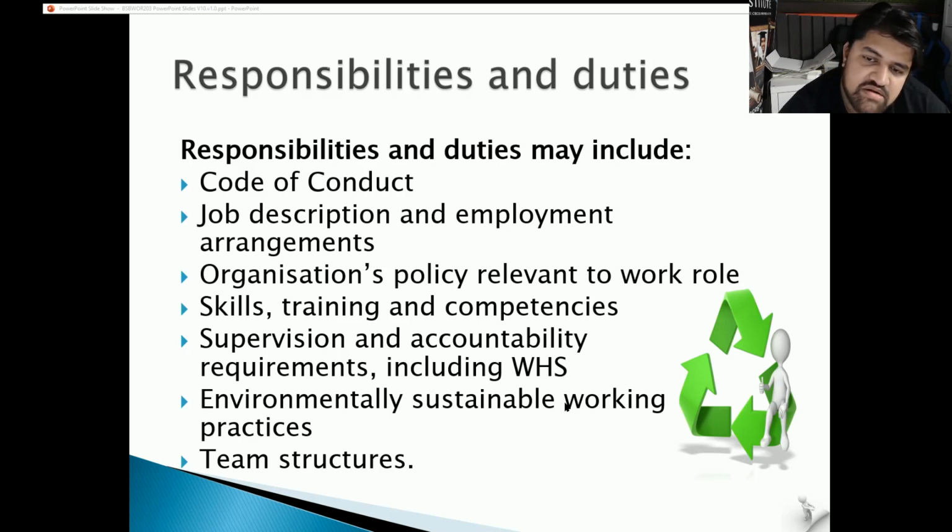If there are relevant workplace policies that relate to your job role, any skills, training and competencies that you may need to perform your job, such as a food safety supervisor qualification, or an RSA, RCG to serve alcohol, or to responsibly observe and service any gambling and gaming institutes or anything like that.